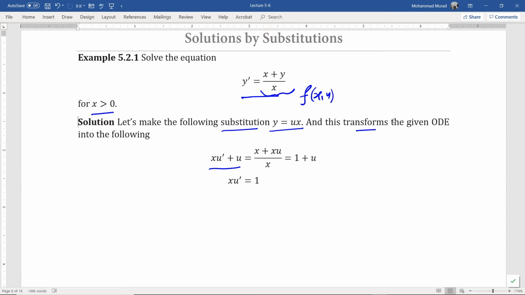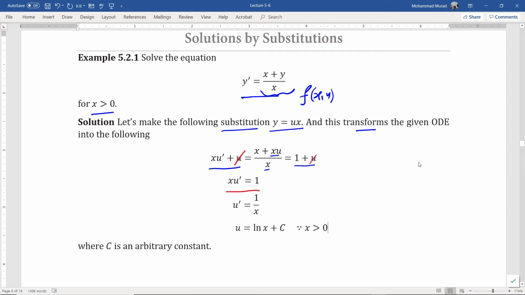And in the right-hand side, we would obtain x plus y, which is replaced by x plus x times u over x, which simplifies to 1 plus u. Then, by cancelling the common term u from both sides of this equation, the equation reduces to this simple equation.